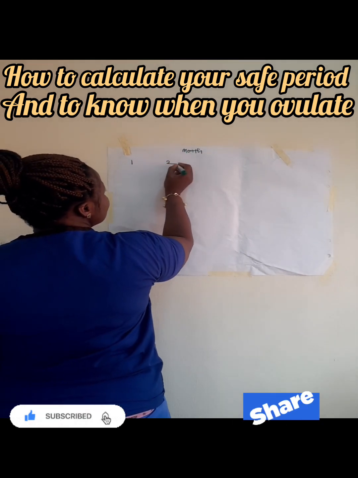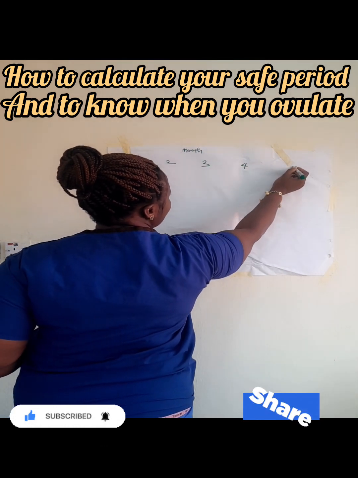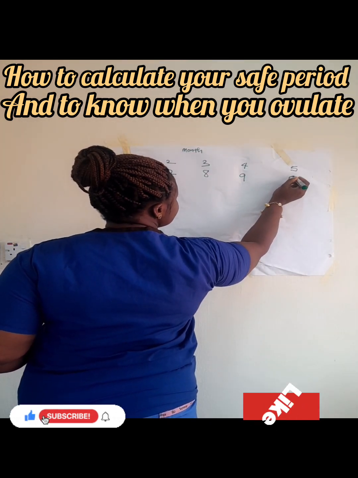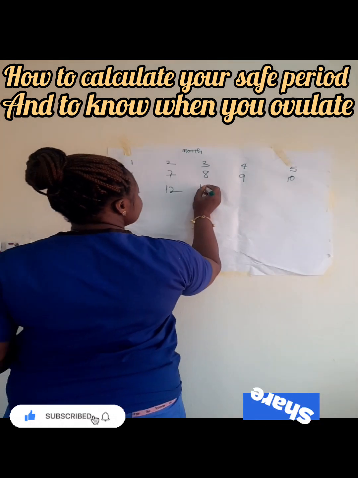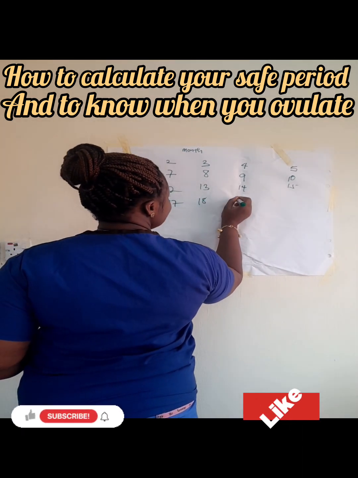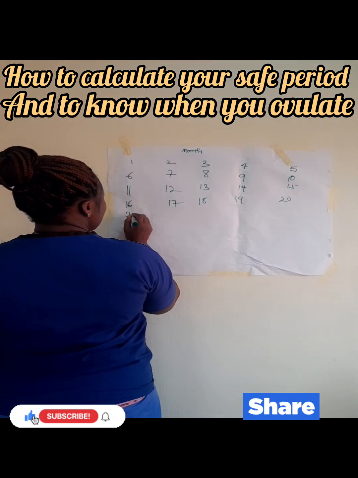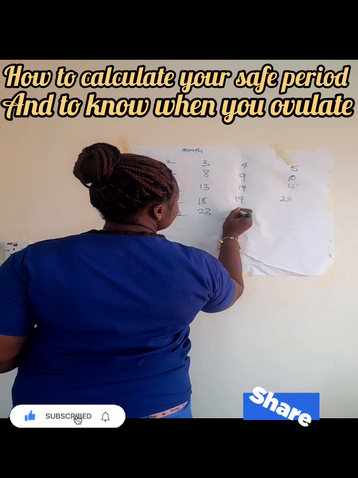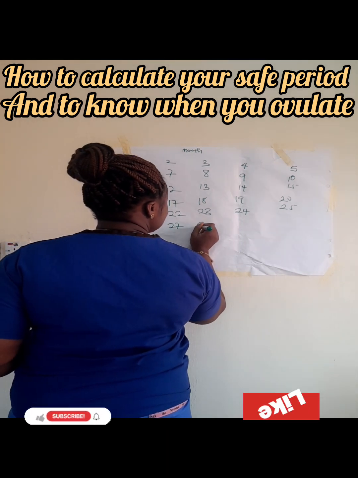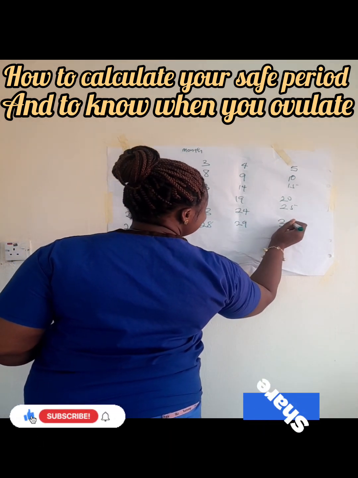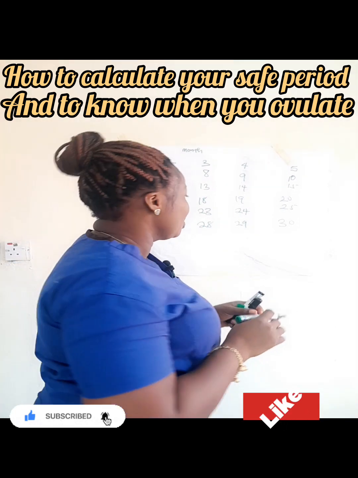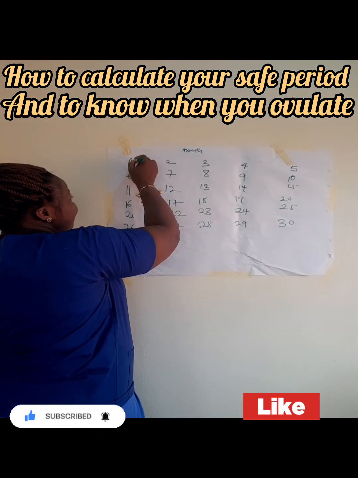One, two, three, up to 31. Let's assume that this is one calendar month and your menses started here.